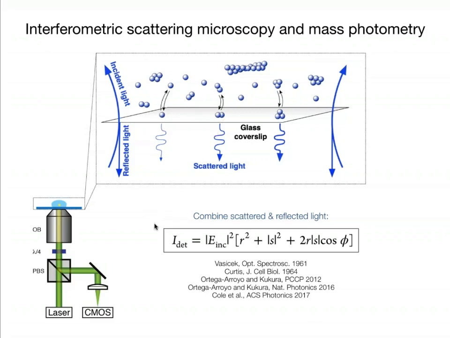The advantage of this approach is that the interferometric scattering signal, which is represented by this third term here, where R designates the reflectivity of a point and S the scattering amplitude, scales only linearly with the scattering amplitude, and therefore for very tiny objects this whole signal disappears much slower than the pure scattering term.